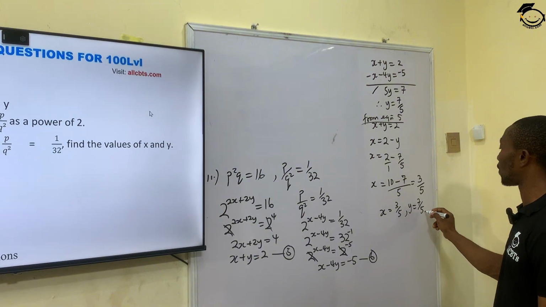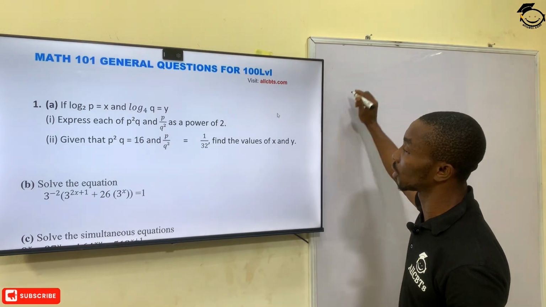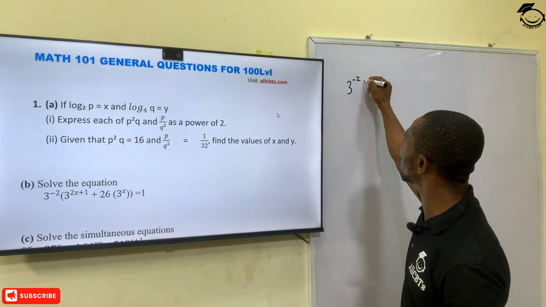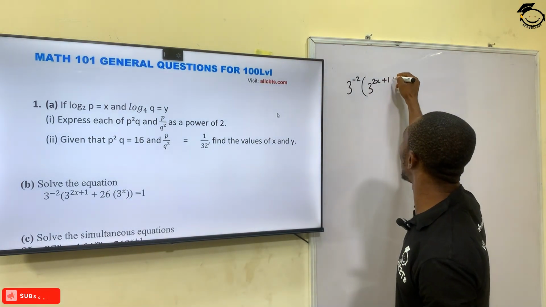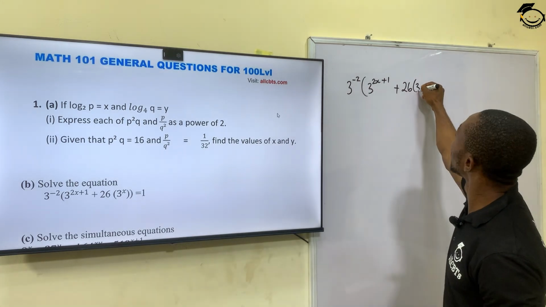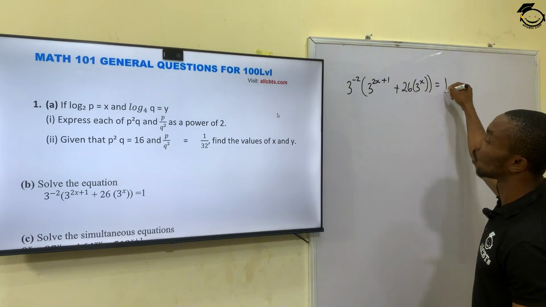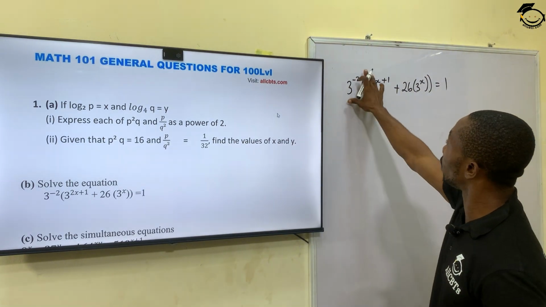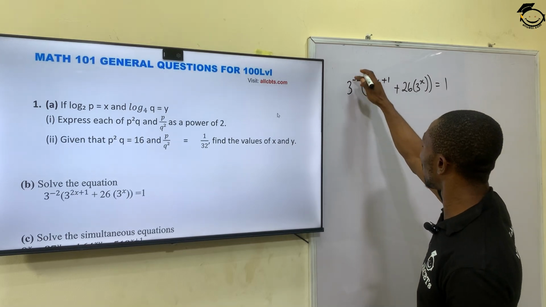Our B part of the question says solve the equation. We have 3 raised to the power minus 2 bracket 3 raised to the power 2x plus 1 plus 26 bracket 3 raised to the power x equals 1. Now, first off, we convert this to our proper fraction, removing our minus.